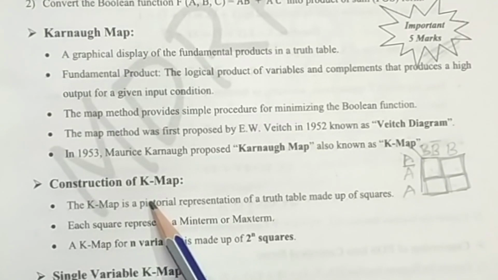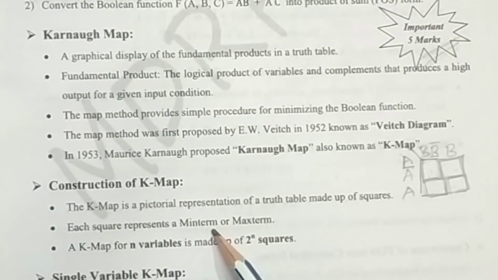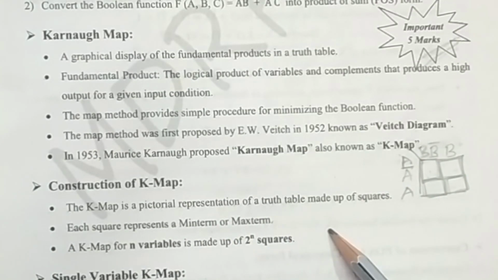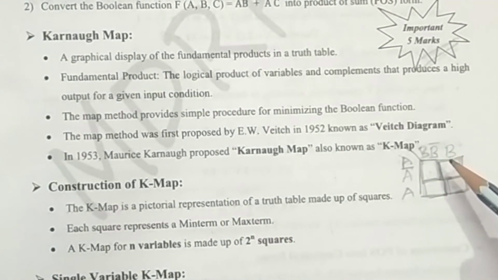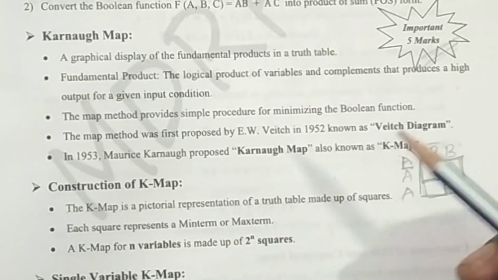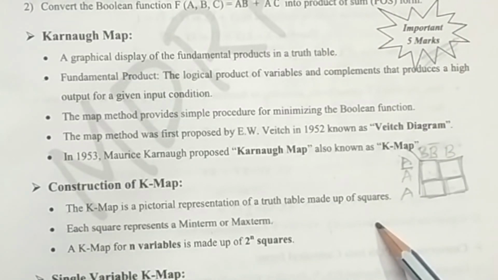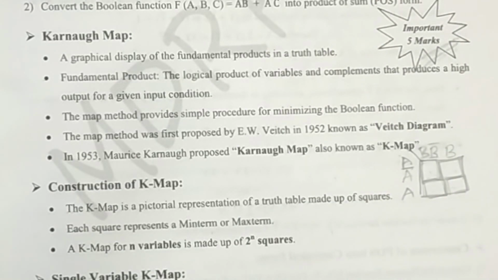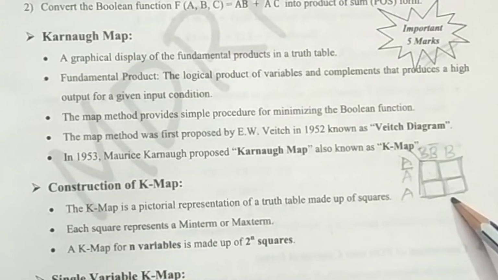How can we construct the K-map? The K-map is a pictorial representation of a truth table made up of squares. Pictorial means pictures. Each square represents a min term or max term.